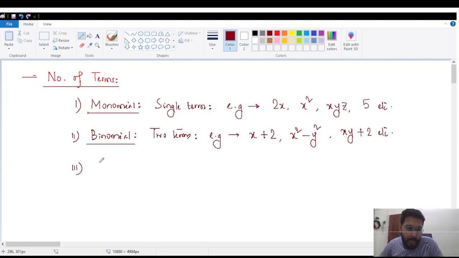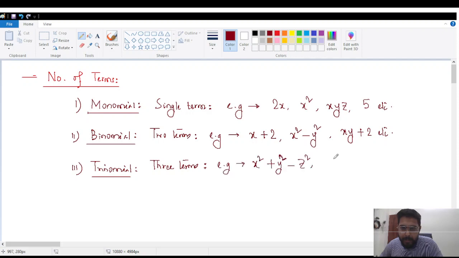The last major classification is known as a trinomial. Trinomial means there are three terms. Tri means three, so when there are three terms, we call it a trinomial. For example, x square plus y square minus z square can be a trinomial, or xy plus yz plus xz, etc. These are the major classifications.